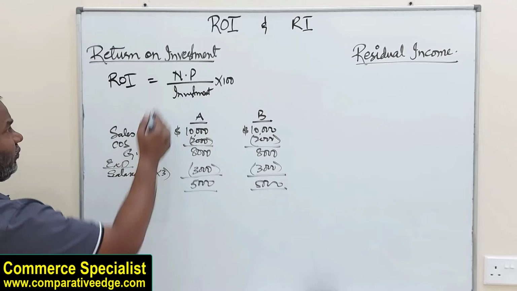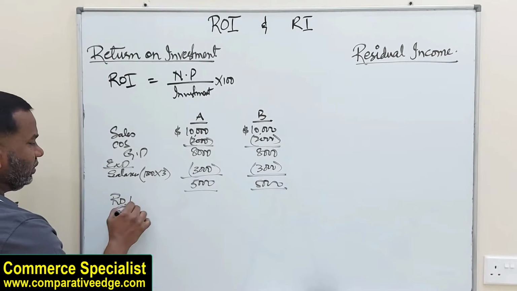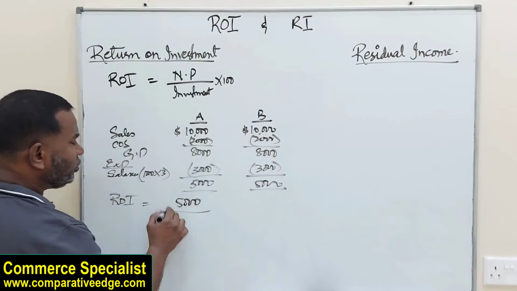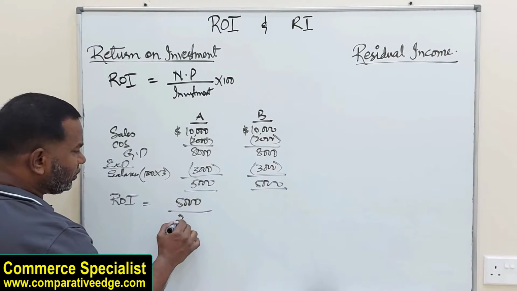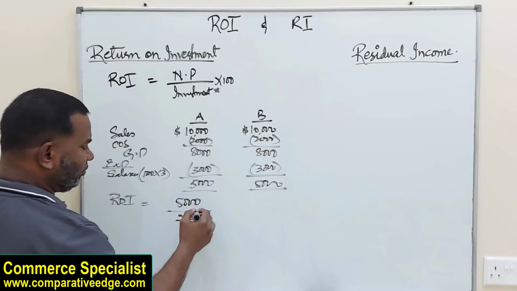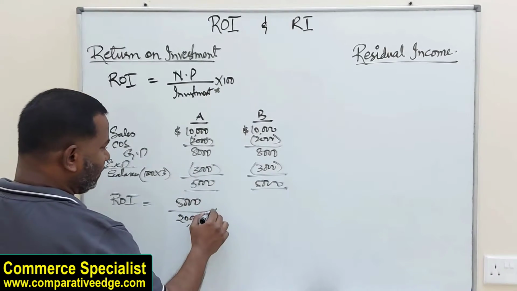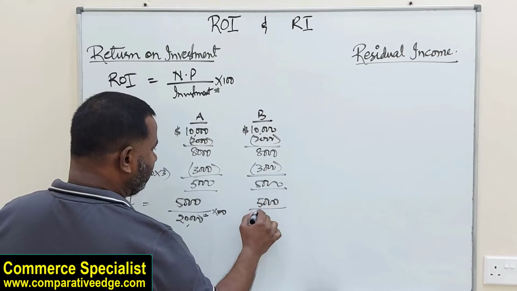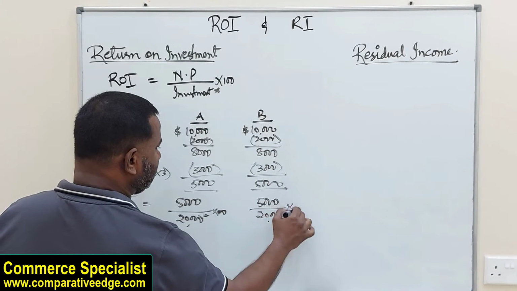And as per the formula, ROI is equal to net profit, which is 5,000, and I'm assuming the investment is 20,000. Remember this amount? So I'm just assuming that investment is this, into 100. Likewise for department B, 5,000 divided by 20,000 into 100.